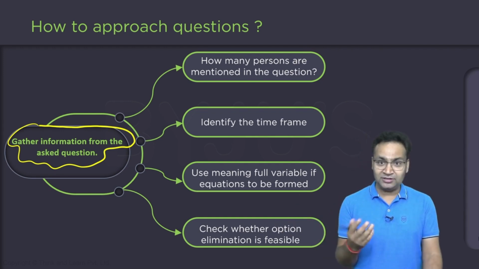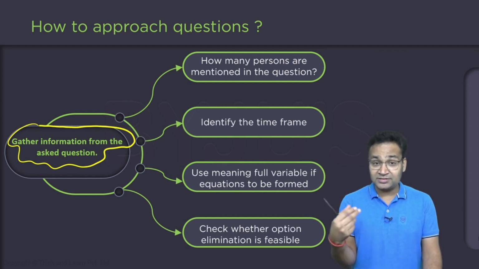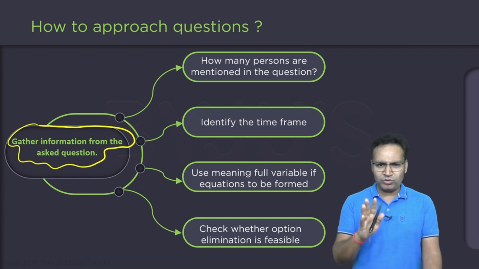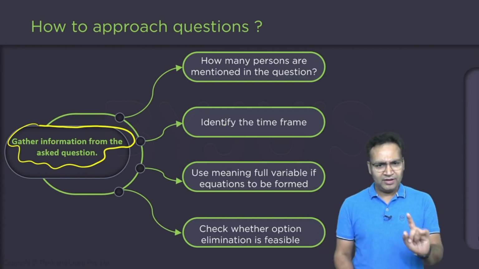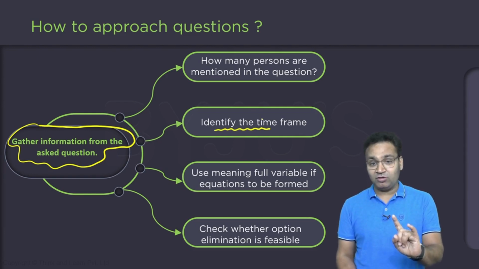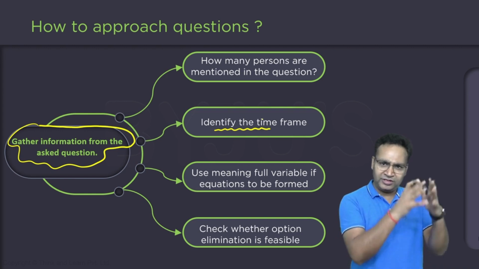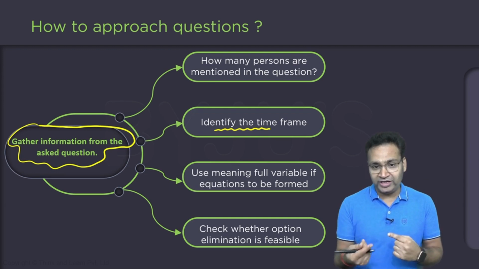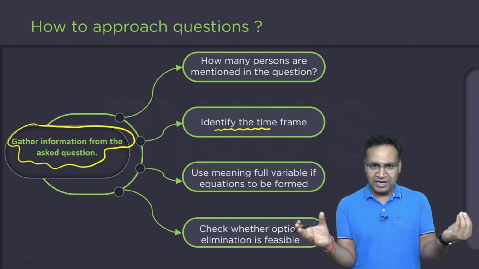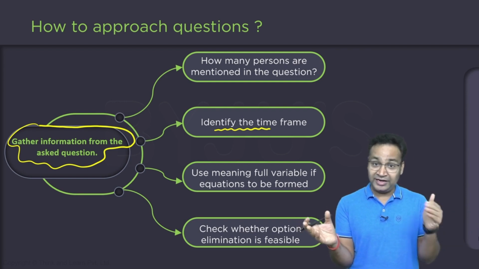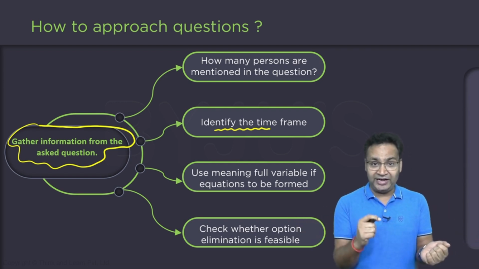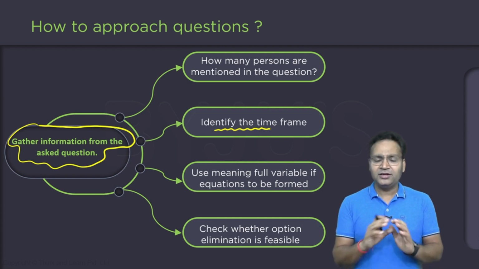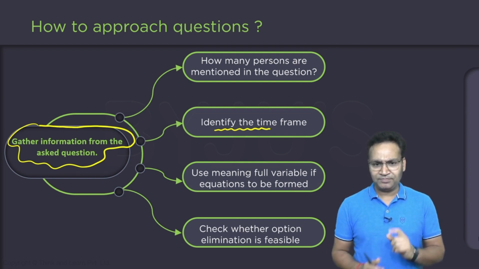Sometimes it is father, mother, then the son got married, then the son's daughter, and many stories can be there. Identify the time frame, whether the whole story is driven in one scenario, which is the present scenario, or the story involves the present and past, some years ago, some years later, at the time of marriage, at the time of wedding, at the time of birth of the baby. All that story we need to understand.